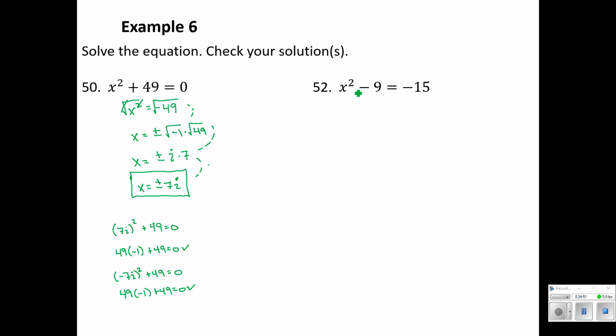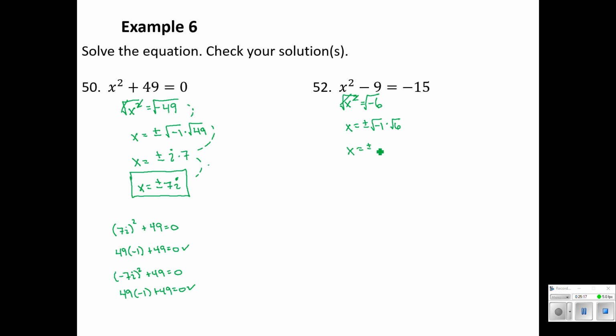Number 52, here we've got some more setup. You can see again, no x terms, so we are good to use the square root method. Let's add 9 to both sides. And then we're good to square root both sides. So x equals plus or minus the square root of negative 6, which is root negative 1 times root 6.